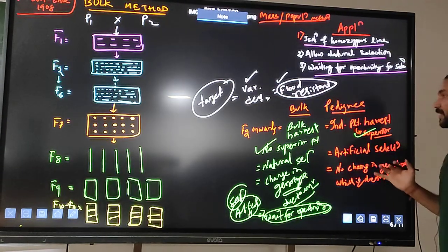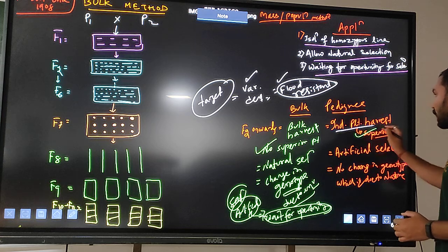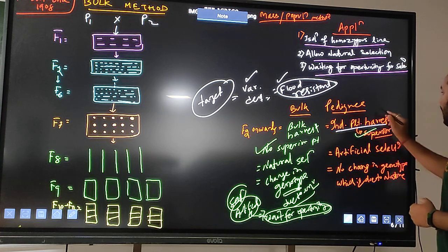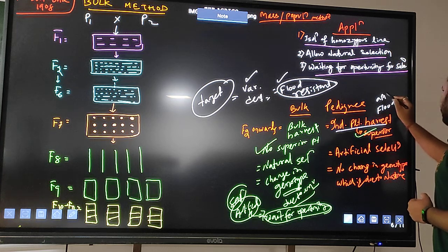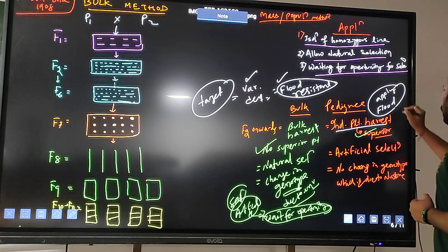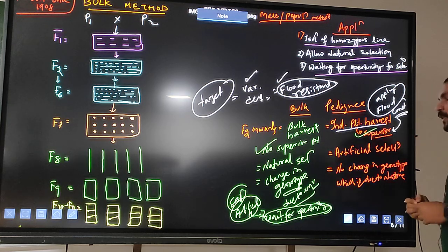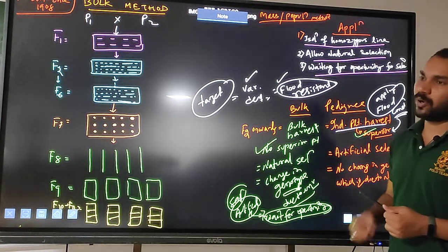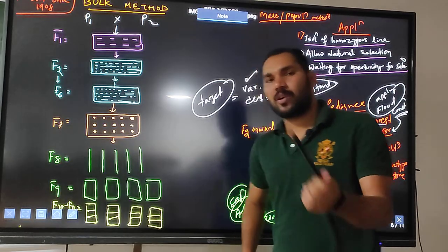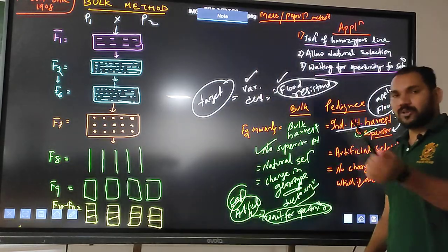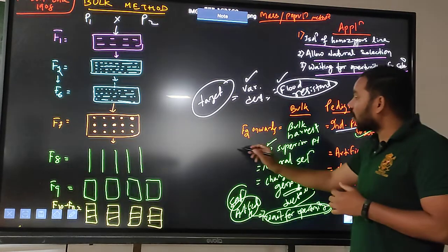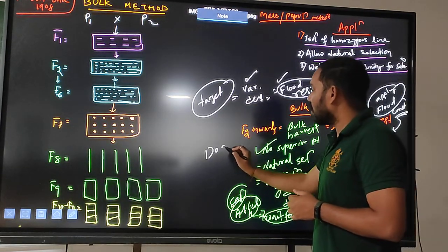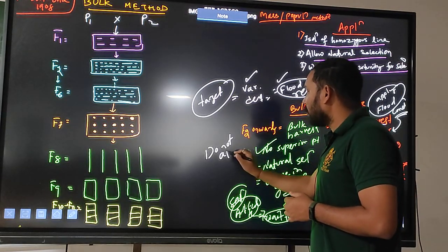In the pedigree method, as I am going for individual plant harvest, here I am applying some flood condition. I will select the superior plants which are the flood resistant variety. Then I will go for the individual plant harvest. But in case of bulk harvest, I do not apply the flood condition.